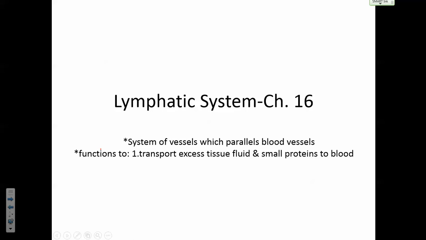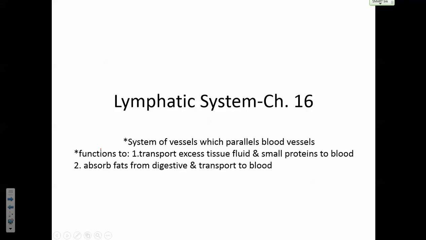So, one of its roles, the big one we're going to talk about today, is that of draining your tissues of any excess fluids. Okay, and so we'll look at that movement. Another function of the lymphatic system that we'll see more when we get to the digestive system in the next unit, is that you have a digestive tract that absorbs a lot of nutrients from the foods that you eat.